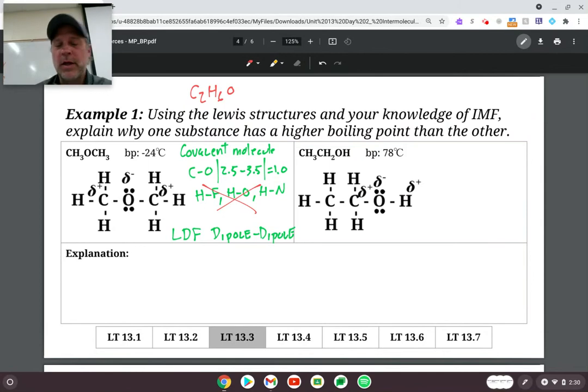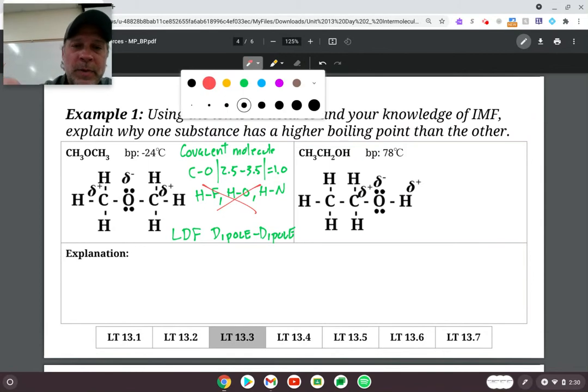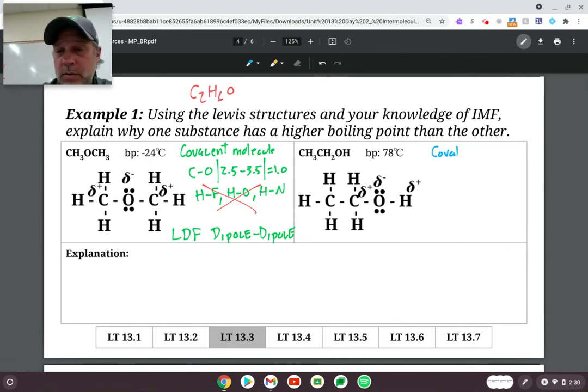Now looking at the molecule on the right-hand side, it is a nonpolar, covalent molecule, and right away that tells me I have LDF present. I do see that carbon-oxygen bond, which is 2.5 minus 3.5 for a 1.0, so I've got a polar bond.